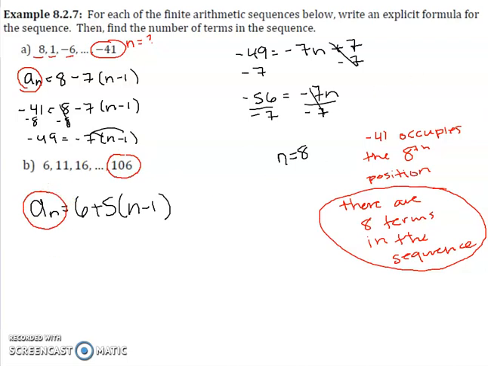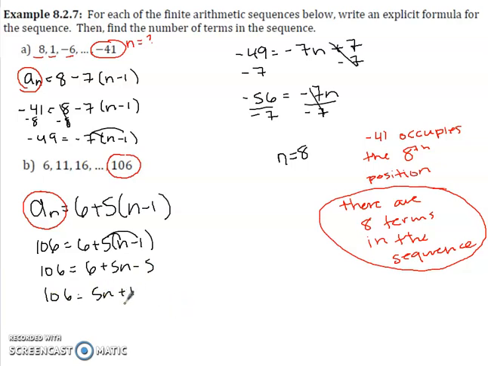So I'm going to go ahead and put in my 106 for my a sub n, and then figure out what n value we're using to get there. We can simplify first. This is a slightly different approach than I did last time. 106 equals 5n plus 1. I go ahead and subtract 1 from both sides and divide by 5 to find that n is 21.